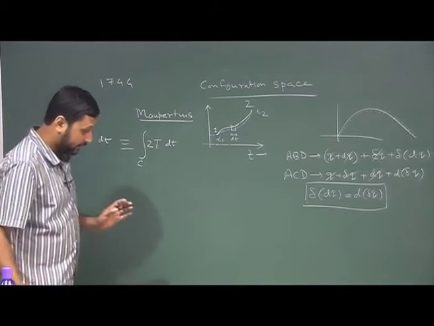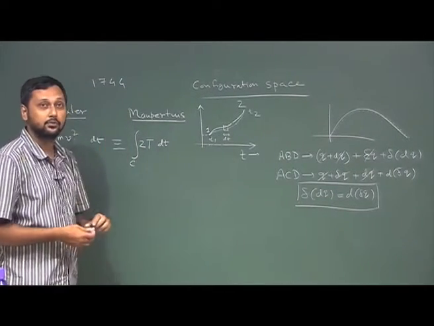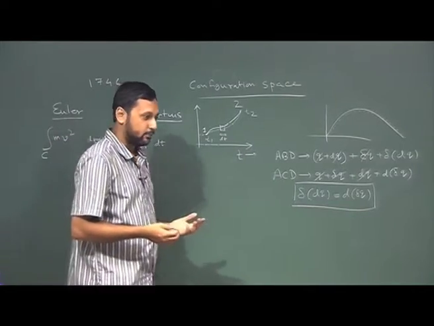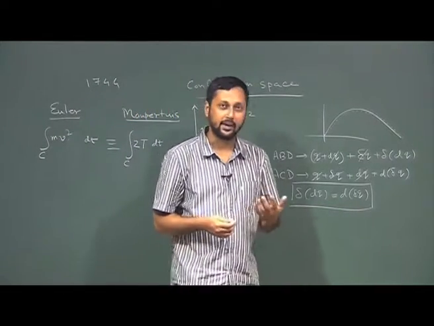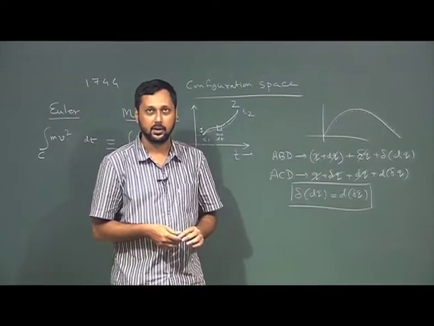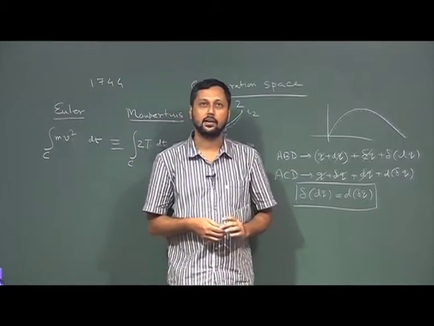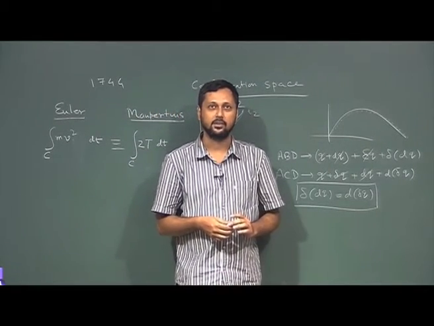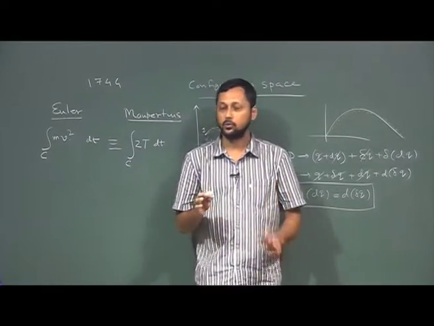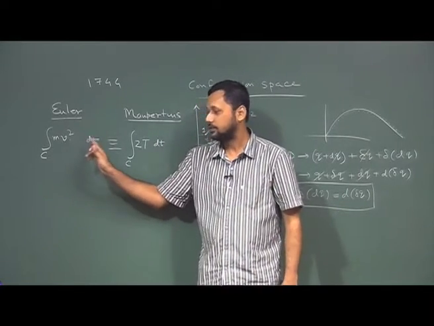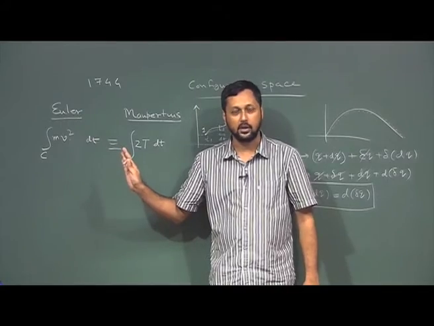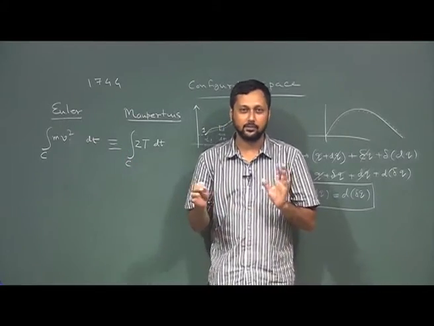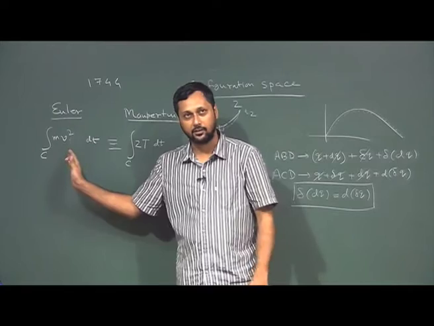But even at that time in 1744, the formal approach of Lagrangian calculus was not formed. Later on, Euler had a great role to play in the derivation of Lagrangian dynamics, but he somehow could not make progress from here. What he derived was right, at least for certain systems.